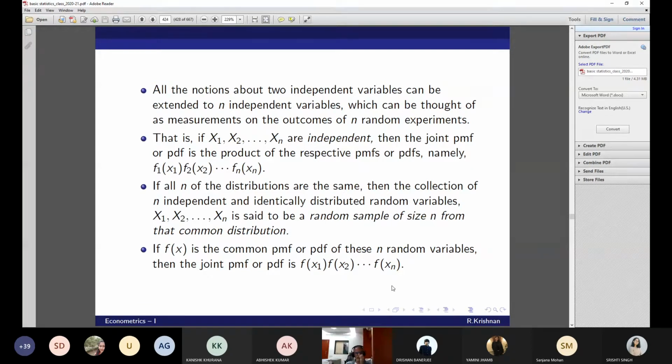This is exactly the idea of a random sample of size n from that common distribution. If all n of the distributions are the same, then we can say that they are n independent and identically distributed random variables, the so-called IID assumption that we are going to use so heavily in econometrics.